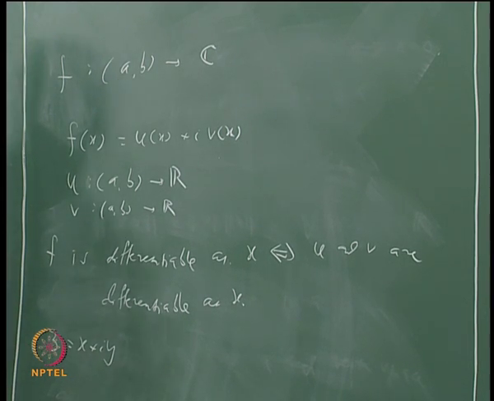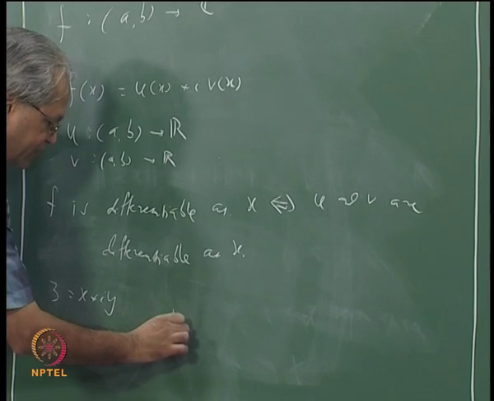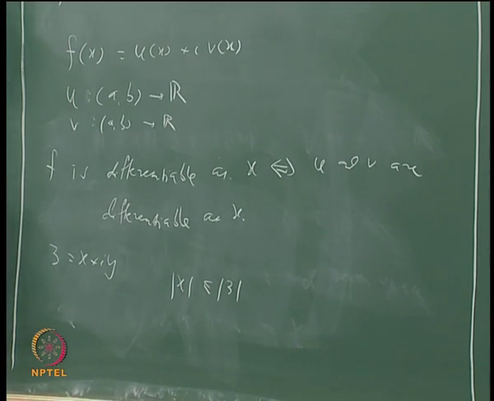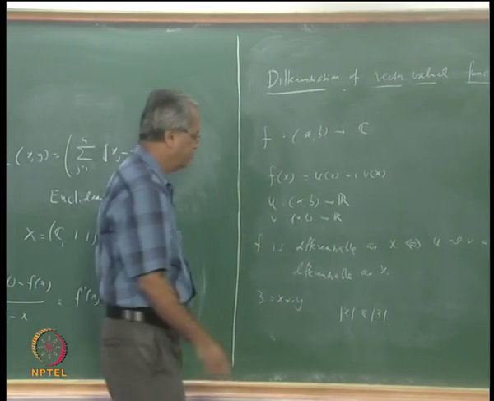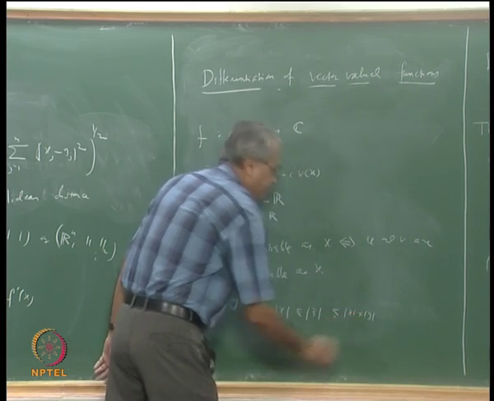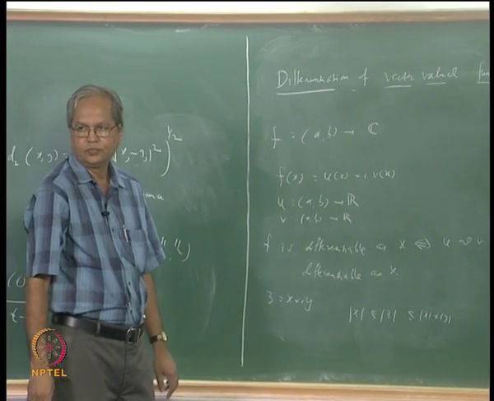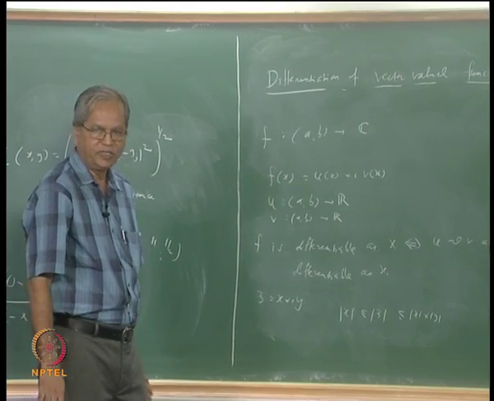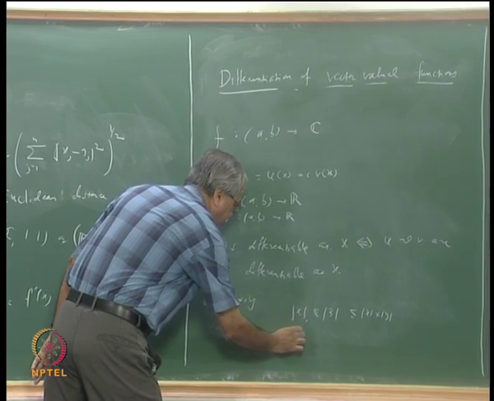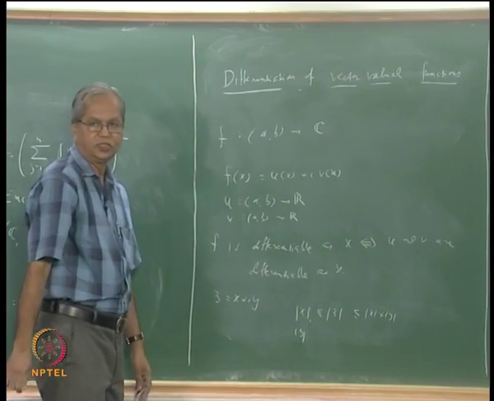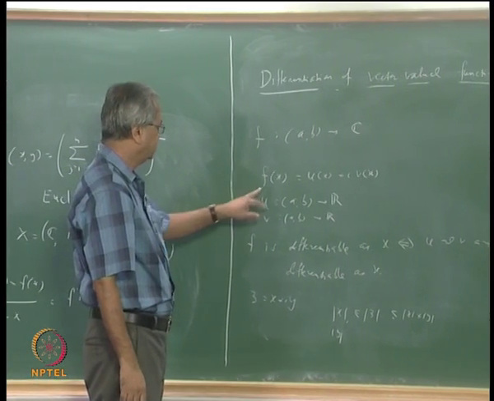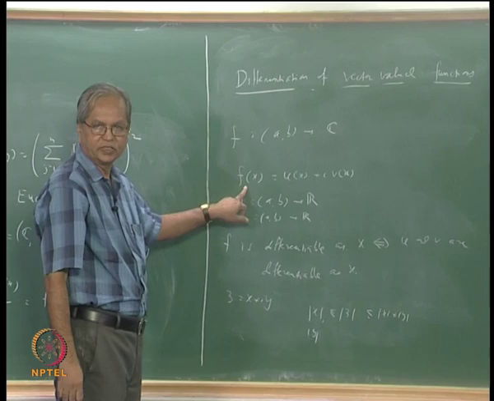What I want is the following: can we always say that mod x is less than or equal to mod z? This is something we can always say. Can we also say that mod z is less than or equal to mod x plus mod y? This is also something we can say. And similarly, whether you take mod x or mod y, both are less than or equal to mod z. Now we just apply that to f(x) equal to u(x) plus i v(x).